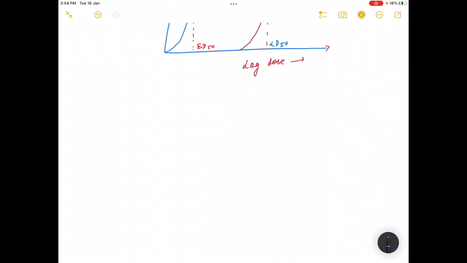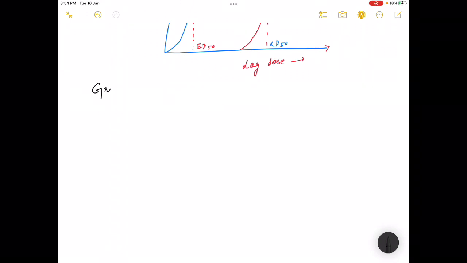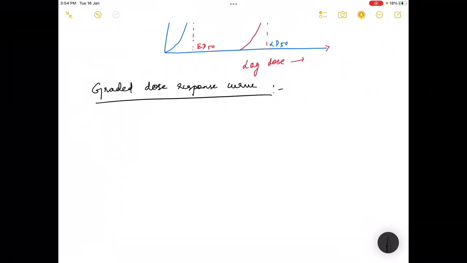Now coming to the another type of dose response curve, that is graded dose response curve. What is this graded dose response curve? This shows that the response is graded, like for example, the reduction in the blood pressure of an individual.